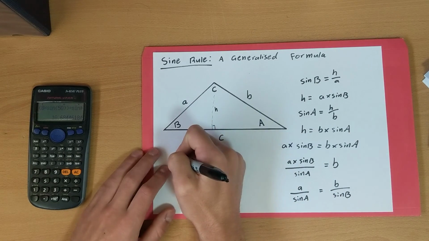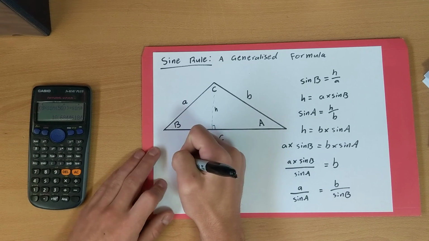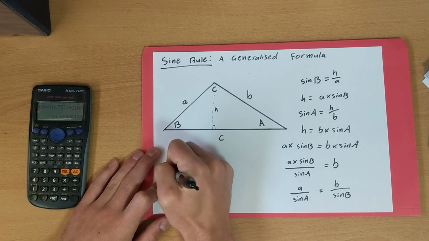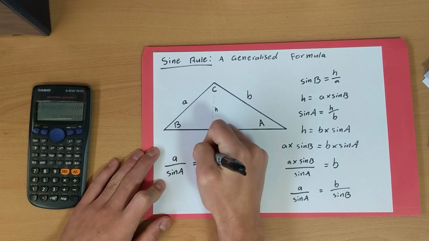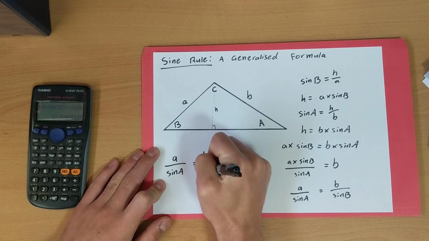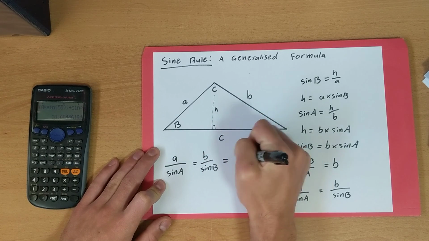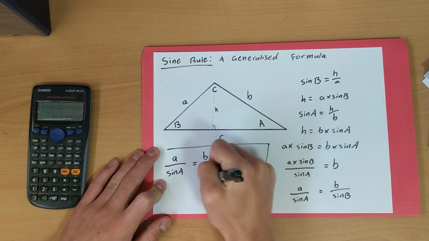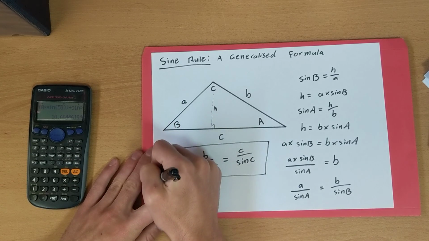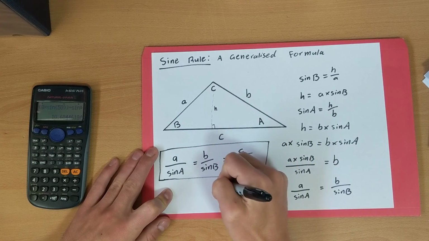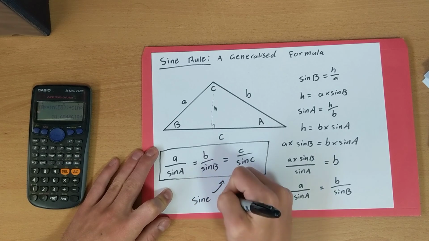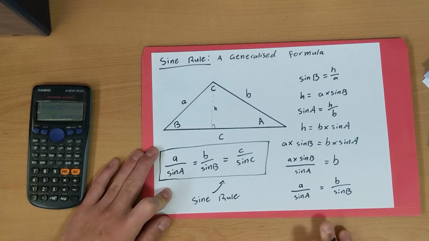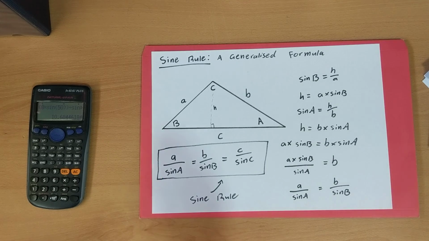So we get our important final result, and this is the way this formula is written on your data sheet: a divided by sine A equals b divided by sine B, which equals c over sine C. And this result here is what is called the sine rule. Now that we have seen an example and looked at the generalized formula, in the next video we're going to run through a couple of examples of how we might use this formula.